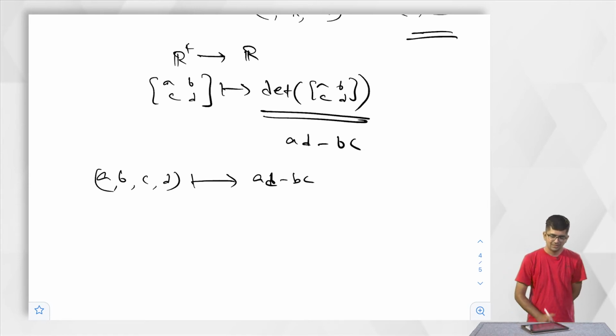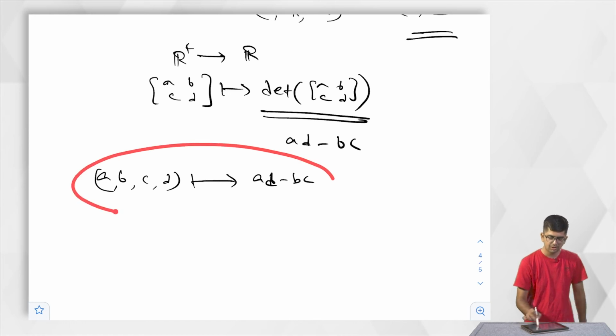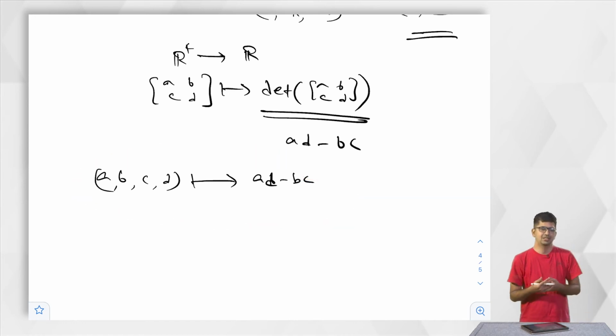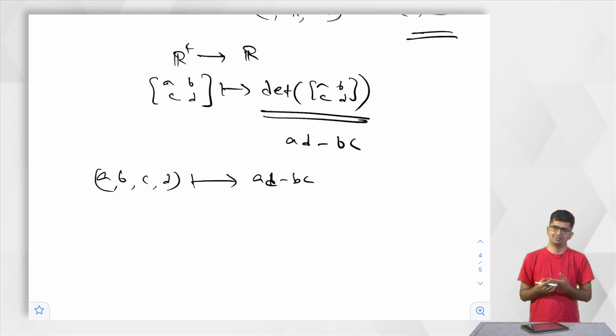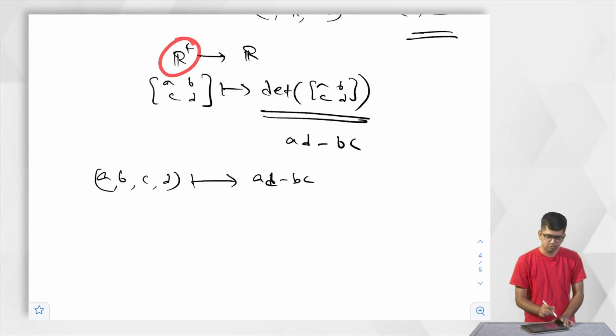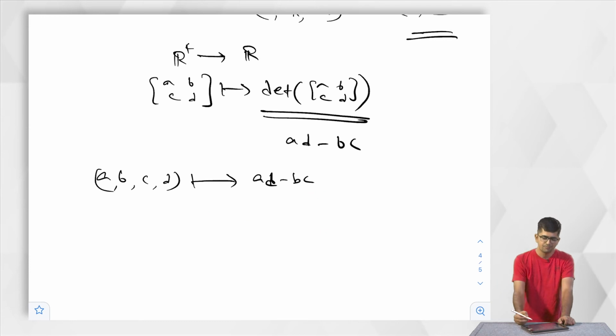So in that case, this map should be a continuous map, because we have seen previously that polynomial maps are continuous maps. So for R2 square, R4, this map A, B, C, D going to the determinant turns out to be just this polynomial map.